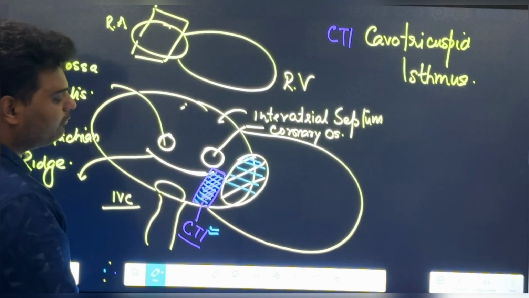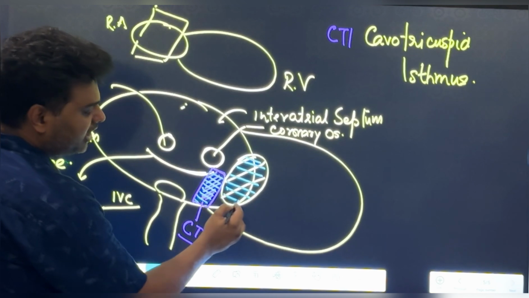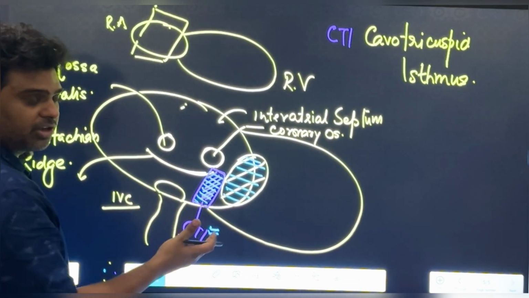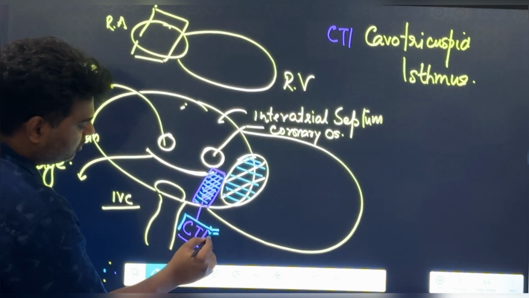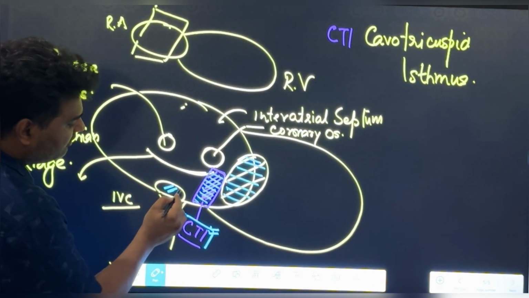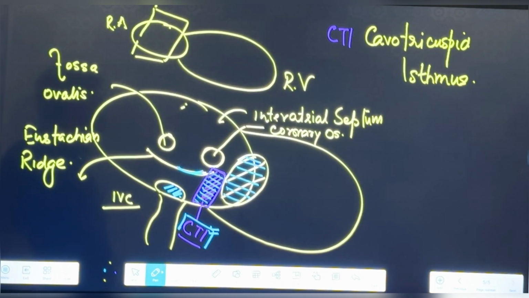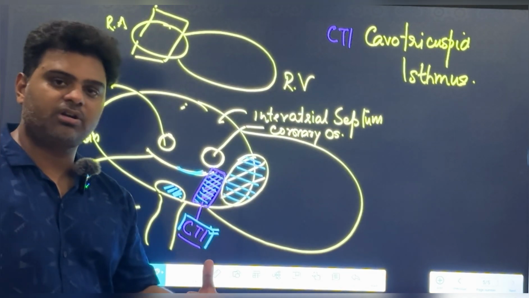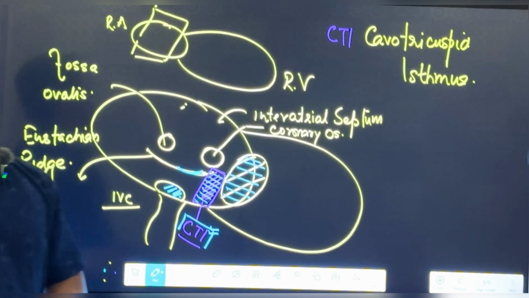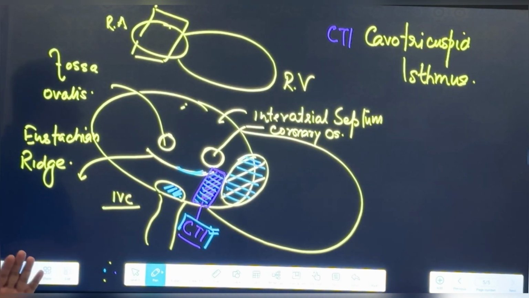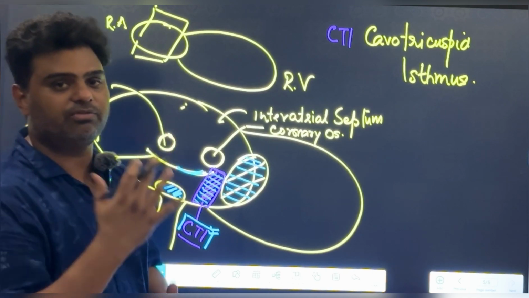Or we can say that it is anterior to the IVC opening or Eustachian ridge, or we can say that Eustachian ridge and IVC are present behind the cavo tricuspid isthmus. Now this was when you are seeing right atrium from the front.